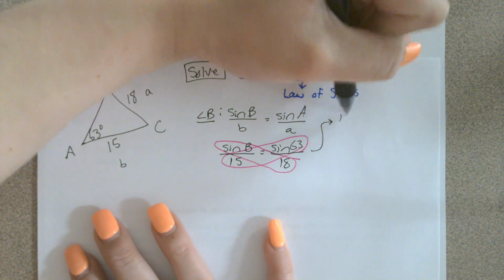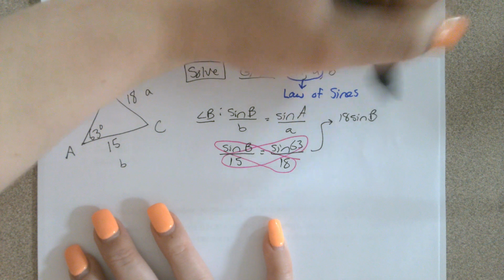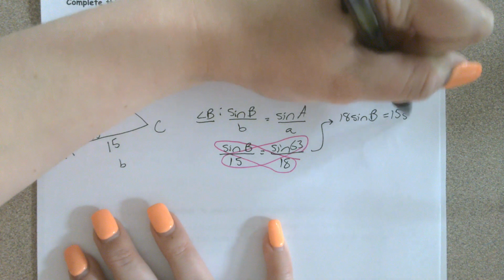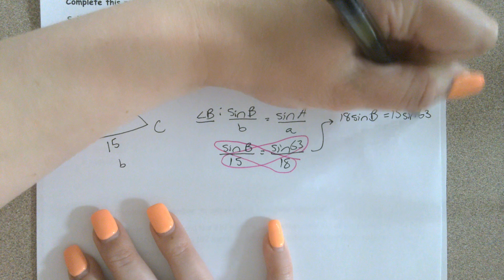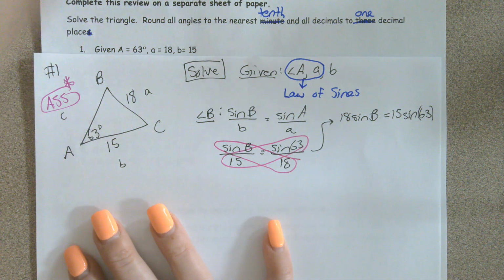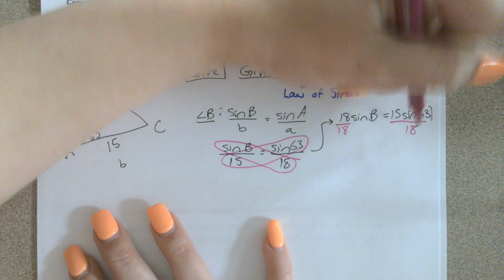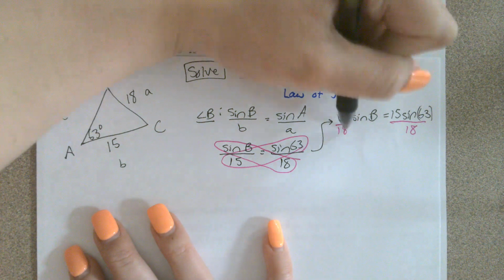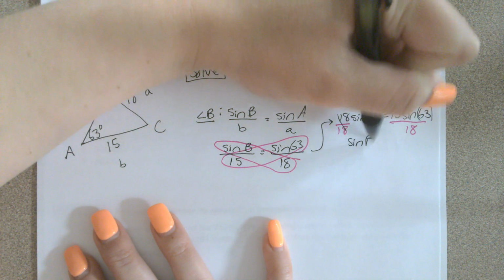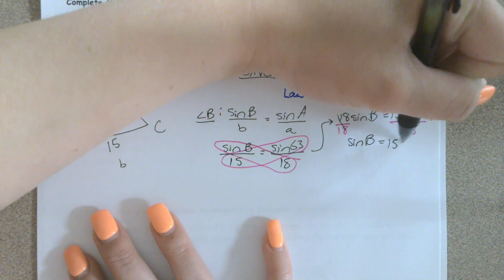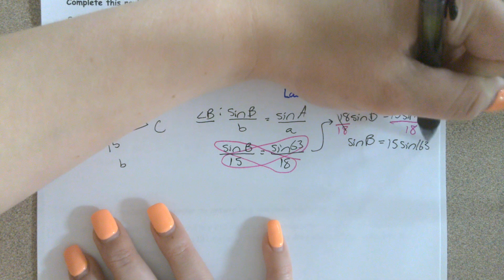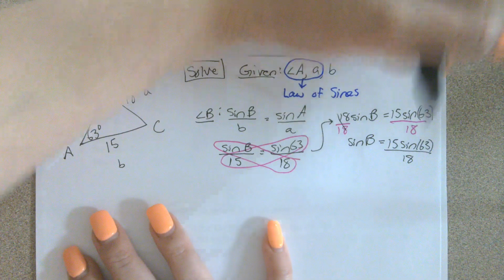And we get 18 sine of B equals 15 sine of 63. Divide the 18 off on both sides to get sine of B by itself. Sine of B equals 15 sine of 63 over 18.